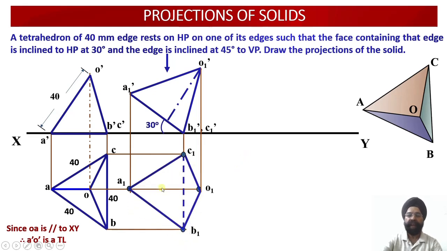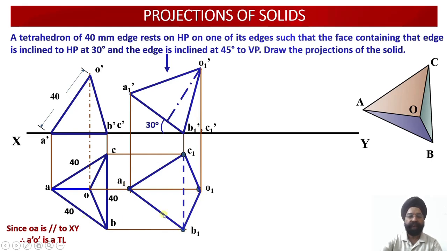Now please see, I told you that everything joining B1 dash and C1 dash should be dotted, but I added another condition: unless those edges are falling in the boundary. So please check, with respect to C1 this is the boundary, so that is why this is visible, because this is falling in the boundary. Similarly with B1, O1 B1 is falling in the boundary, so this particular edge will be dark.